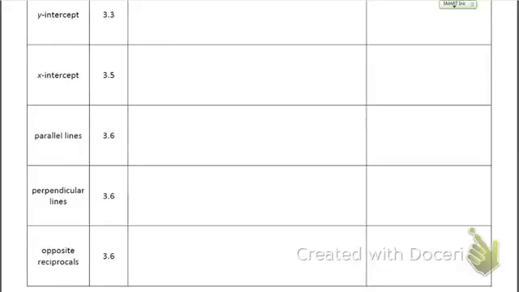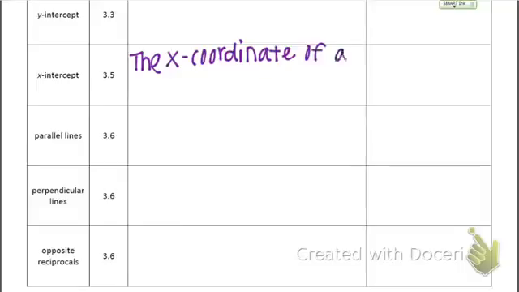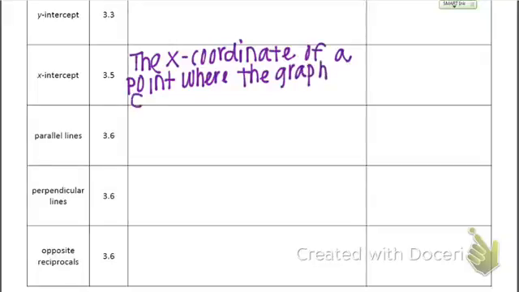So the X intercept is the x-coordinate of a point where the graph crosses the x-axis.